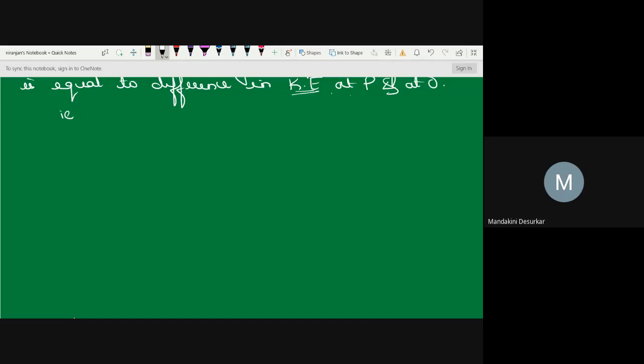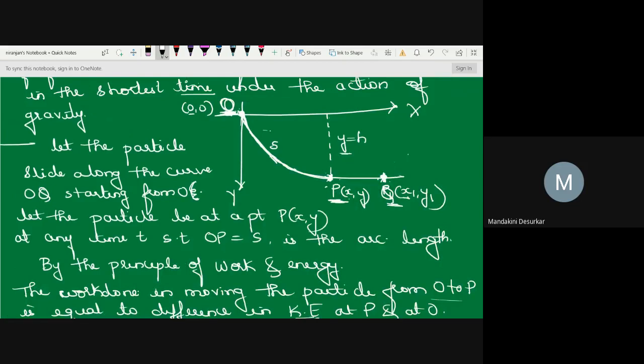At a point O, the right hand side is equal to the difference in the kinetic energy at P minus the kinetic energy at O. Can you tell me what is on the left hand side? What is the total work done then at a point O? At this point, what is the total work done? Can anyone answer me this?